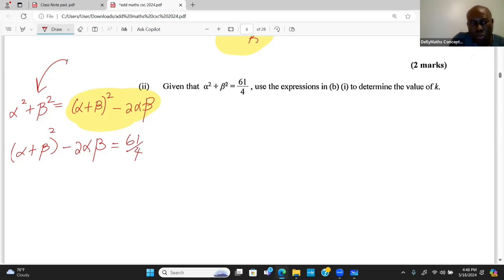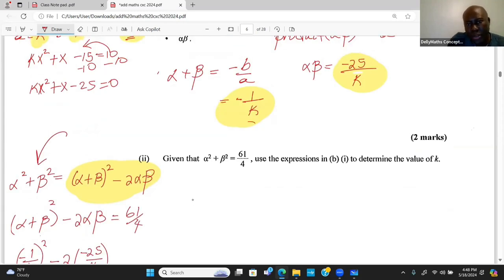The sum was minus 1 over k, so we're going to square that, minus 2 times the product. The product was, if I put it in a bracket, negative 25 over k. Here is the sum, and that's the product right there.